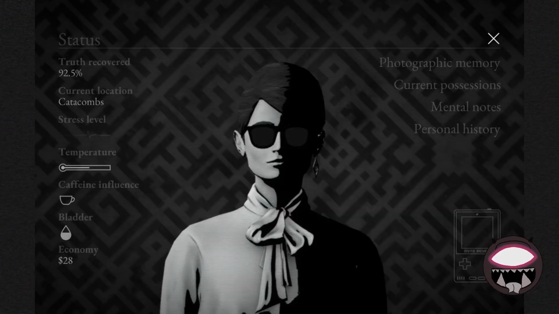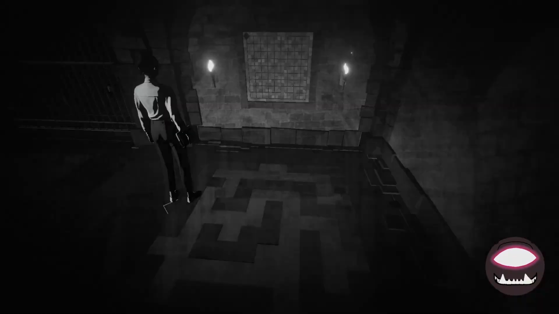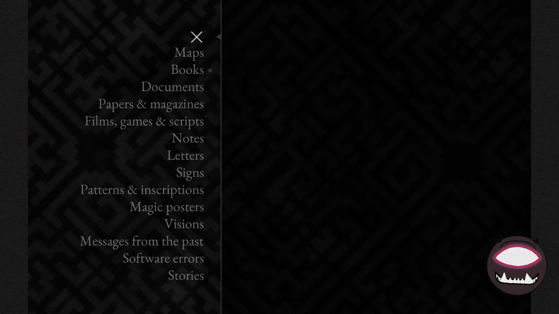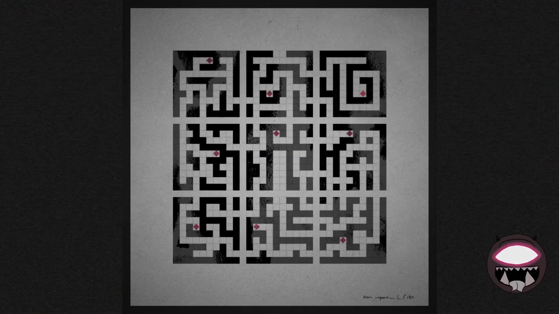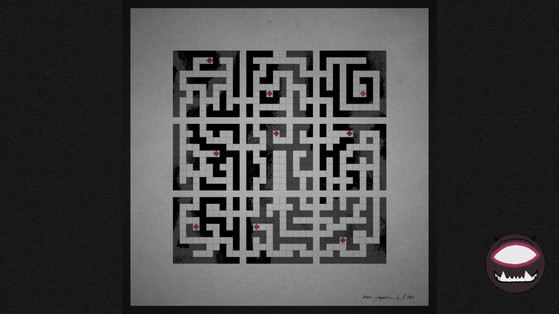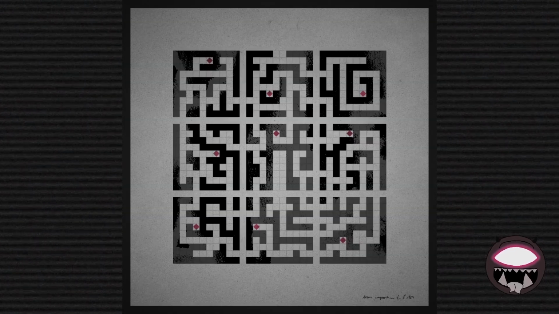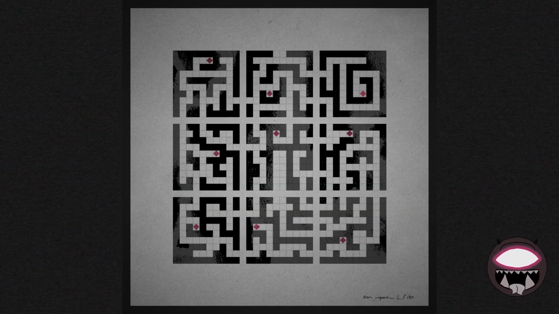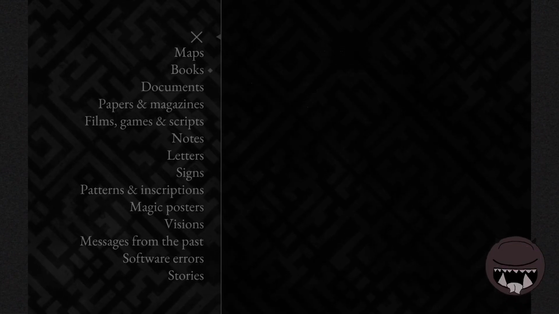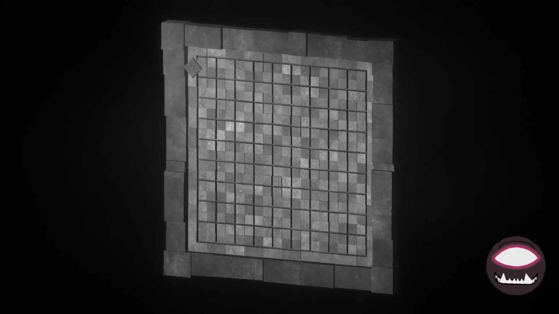Okay, so I don't know which one this one is. It is middle top, which is 4 from the bottom corner. 1, 2, 3, 4.